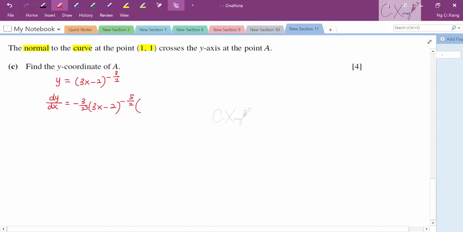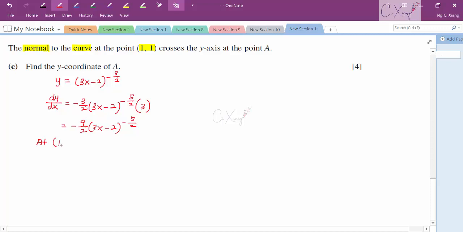And after that, you need to differentiate the thing inside the bracket. So differentiate 3x minus 2, you have a 3. And you multiply with the 3. Alright, so if I simplify, I'm having negative 9 over 2, 3x minus 2, power negative 5 over 2. Okay, so I want to get the gradient of tangent at 1, 1.